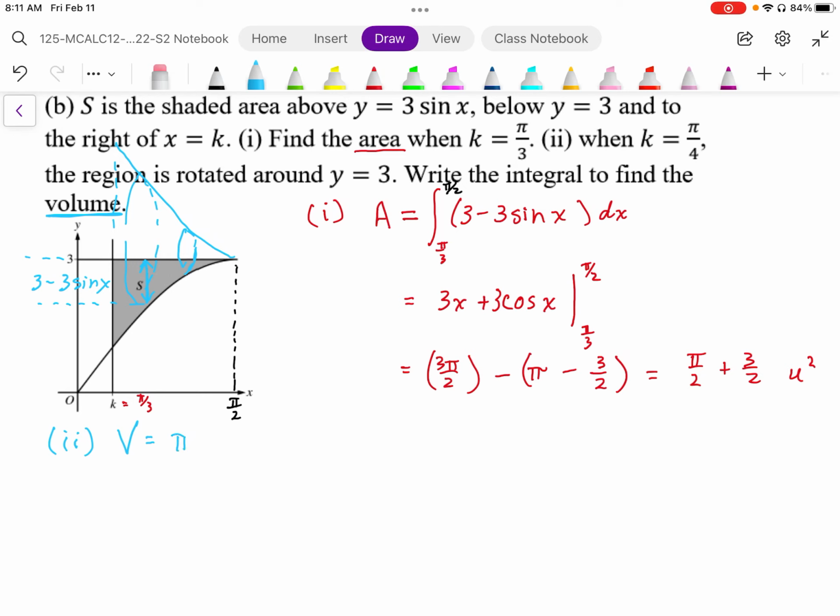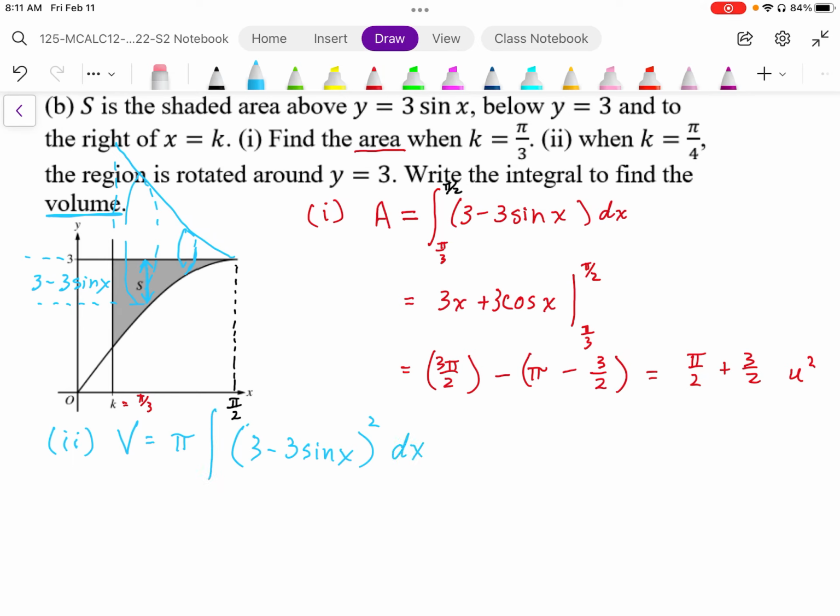So I'm going to end up with pi, my radius is going to be 3 minus 3 sine x, and that's going to be squared. I'm going to take that and square that radius. So there's my pi r squared. I'm going to give it a thickness of dx.